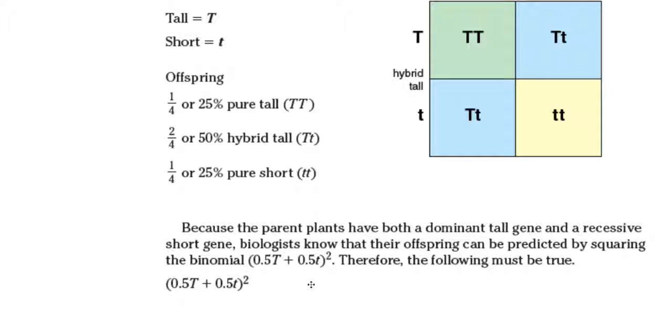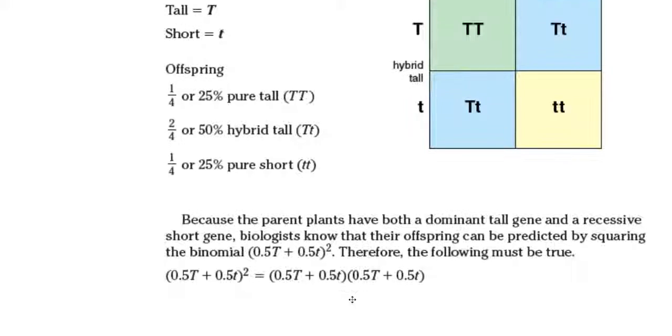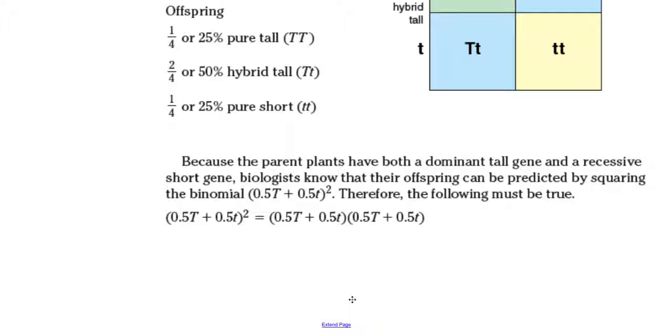Therefore, the following must be true if you are multiplying (0.5 capital T plus 0.5 lowercase t) squared. This is equal to 0.5 capital T plus 0.5 lowercase t times 0.5 capital T plus 0.5 lowercase t.